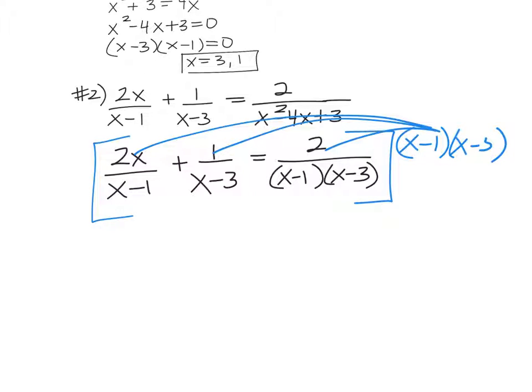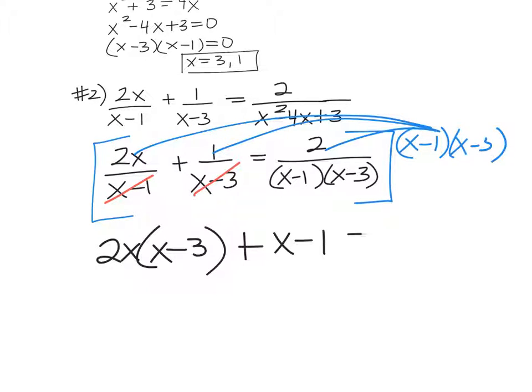The x minus 1 reduces with this x minus 1, leaving you with 2x times x minus 3. I'm not writing all of that down and then reducing; you can do that as you go along. Here the x minus 3 reduces with this x minus 3, leaving you with x minus 1. And over here, the entire thing reduces, leaving you with 2.